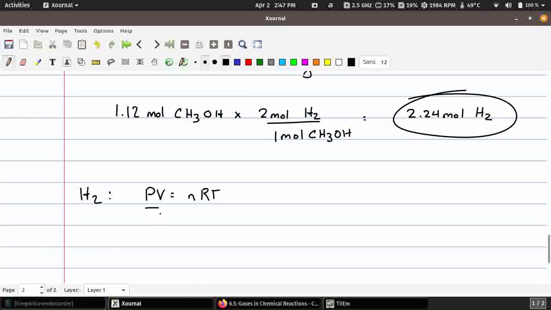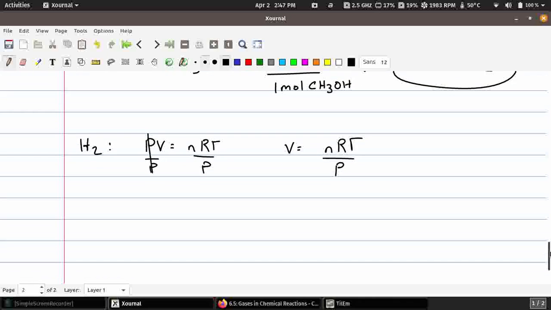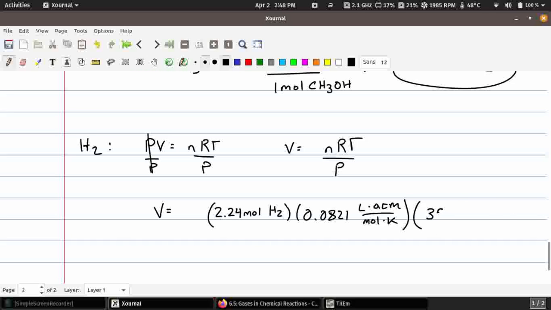Divide the P out, so we have V equals nRT over P. So volume equals 2.24 mole of H2 times 0.0821 liters times atmospheres over mole times Kelvin, at a temperature of 355 kelvins, and we divide it by the pressure, so that's 0.971 atmospheres, I believe.